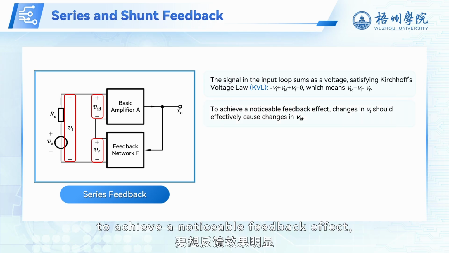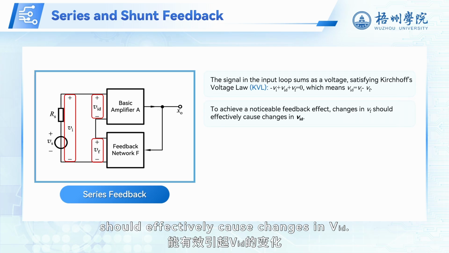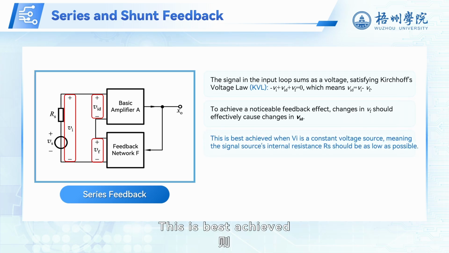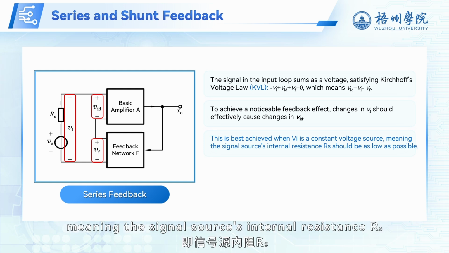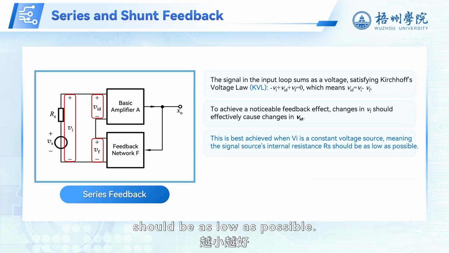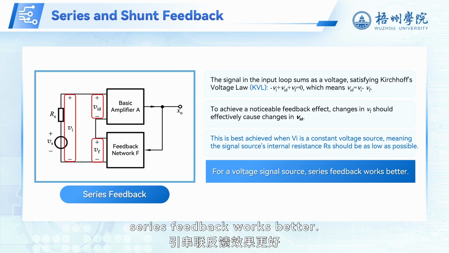Therefore, to achieve a noticeable feedback effect, changes in VF should effectively cause changes in VID. This is best achieved when VI is a constant voltage source, meaning the signal source's internal resistance Rs should be as low as possible. In other words, for a voltage signal source, series feedback works better.